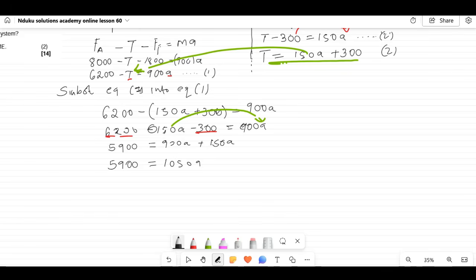So simple algebra, we divide both sides by 1050. And our a will simply give us, if you press a calculator, 5.619, which is 5.62 meters per second squared. The units must be correct. And that's your answer for acceleration.